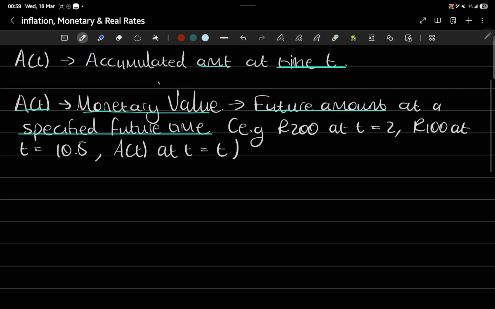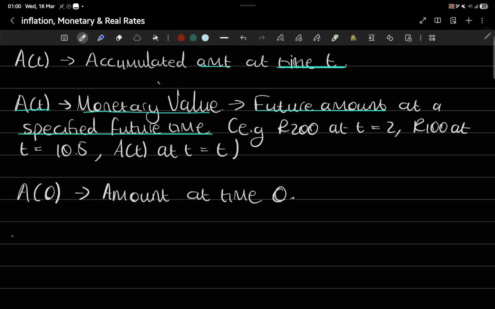Okay? Now, A0 is the amount at time 0. A0 is thus a real value. Now, why are we saying it's a real value?